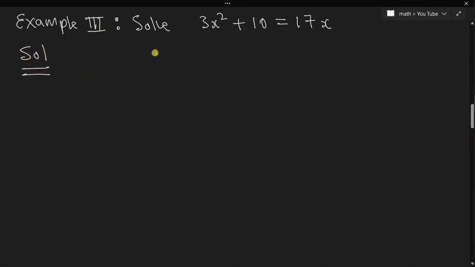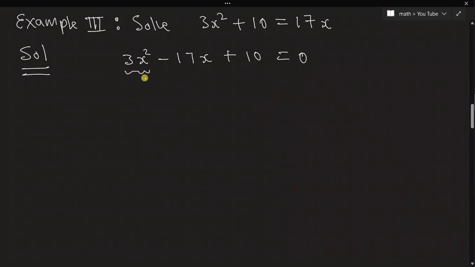To solve category 3 problems, we proceed as follows. What we do first is we arrange this in its general format. So this equation, when written in general format, becomes 3x squared minus 17x plus 10 equal to 0.